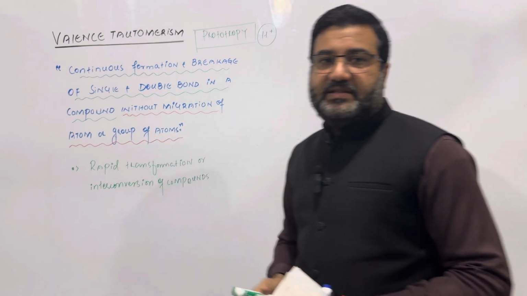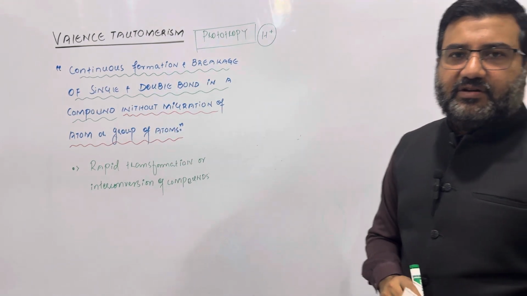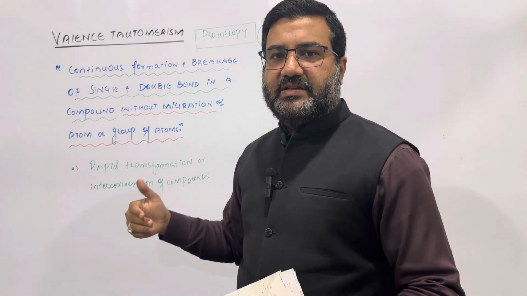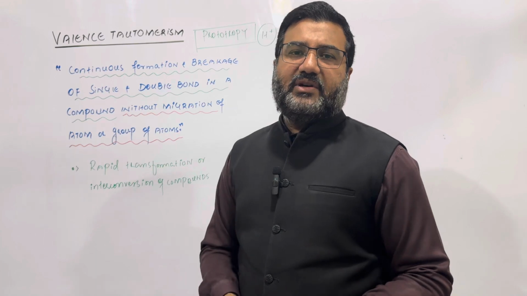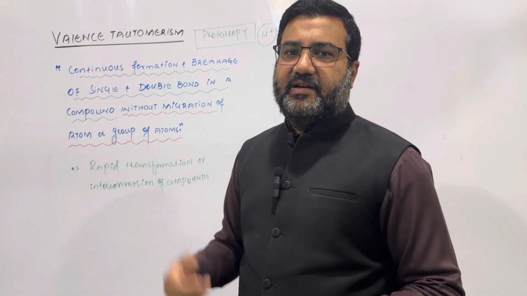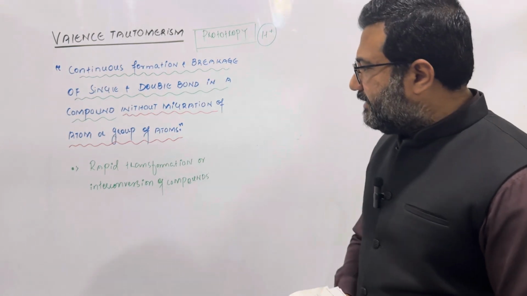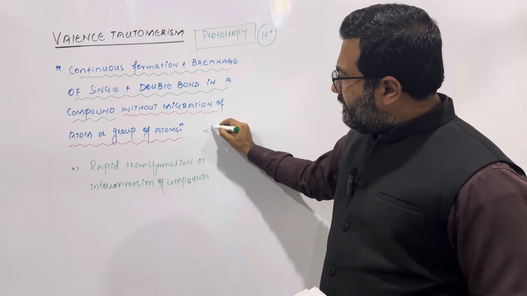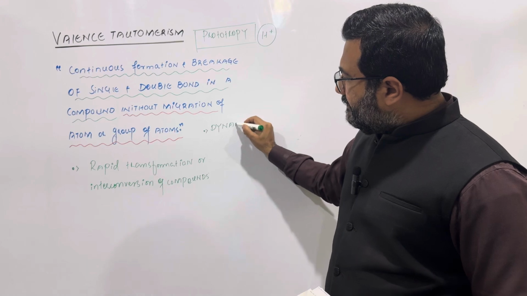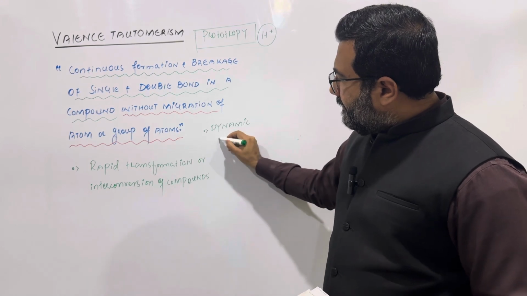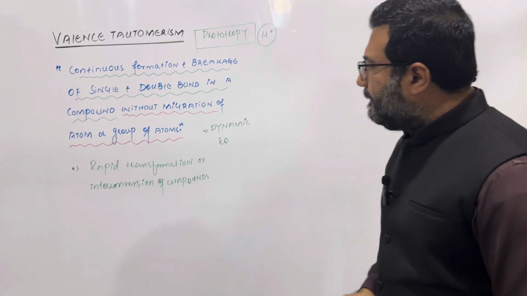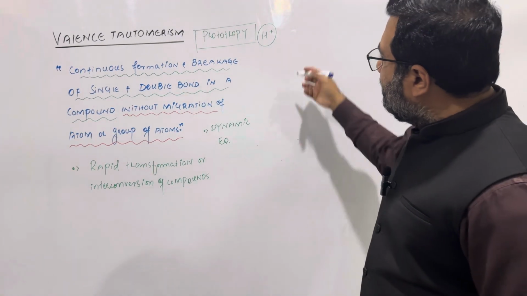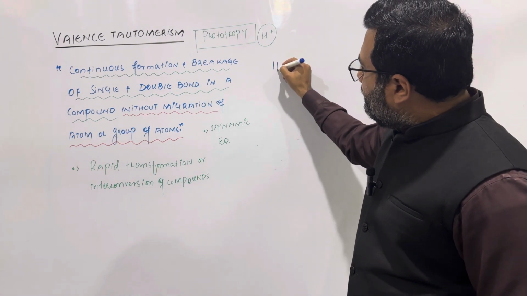So valence tautomerism is a more rapid interconversion of the two compounds which are tautomers of each other, while prototropism or prototropy, that is also interconversion of the compounds, but that interconversion is not that rapid. In valence tautomerism, again the tautomers exist at dynamic equilibrium.